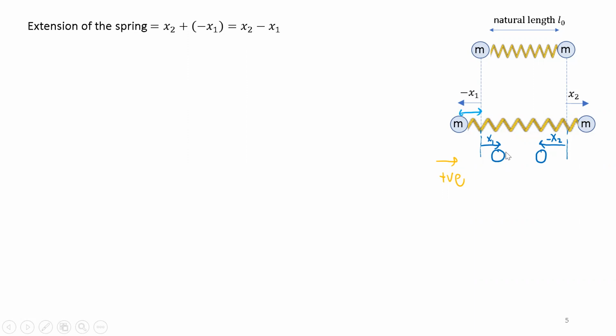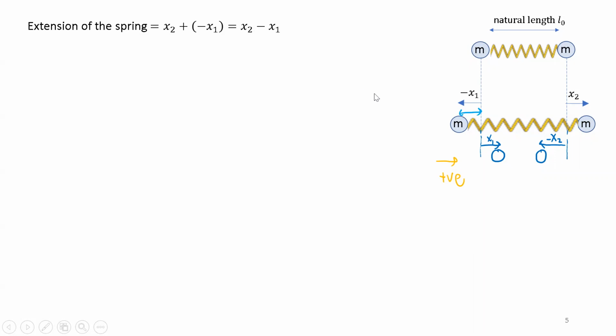In this case x2 minus x1 would be a negative number, because x2 itself would be negative and x1 is positive. So this term is sometimes positive, sometimes negative.